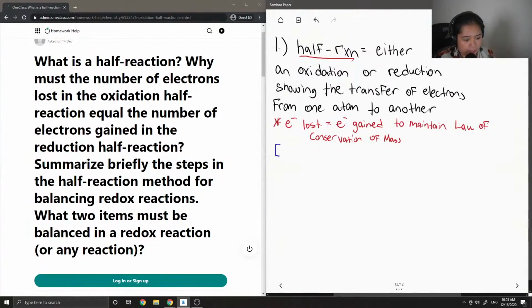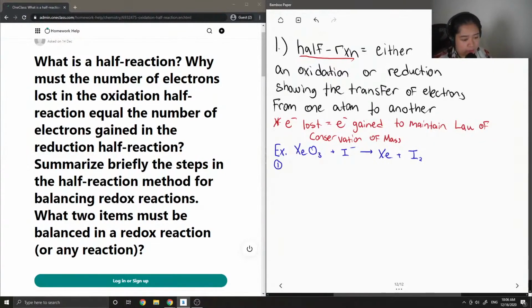So let's say we had an example of an unbalanced reaction: plus iodide makes xenon plus I2. So this is what a typical unbalanced redox reaction might look like.